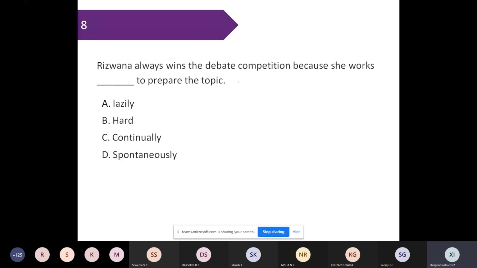Yes, guess word can be hard because that's the word which we can get easily by reading the sentence. And also in option B, we have the same word, hard itself.